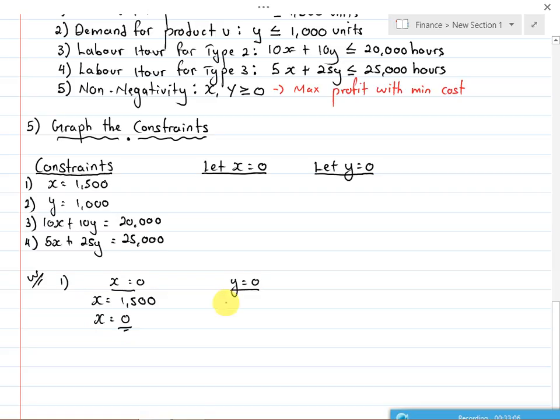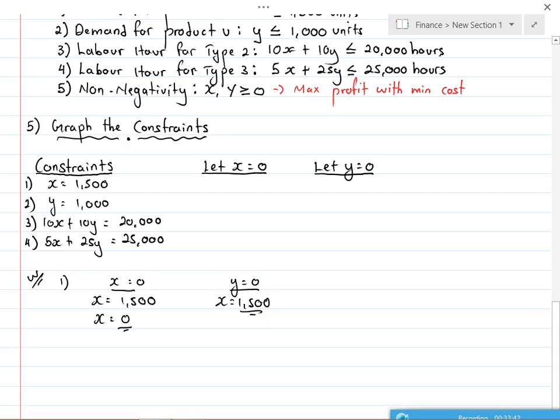Over here, your equation is going to be 1500. When you substitute y equals to 0, am I right? Y is 0. Then x becomes what? It becomes 1500. So x becomes 1500. When x equals to 0, y becomes what?